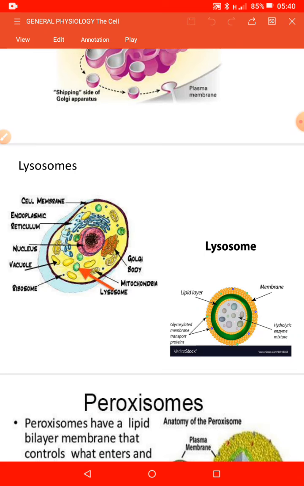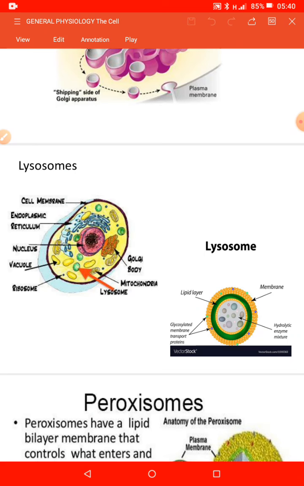Okay, so let me mention 4 specific functions of lysosomes. 1, degradation of macromolecules. 2, degradation of worn-out organelles. 3, removal of excess secretory products in the cells. 4, secretory functions.